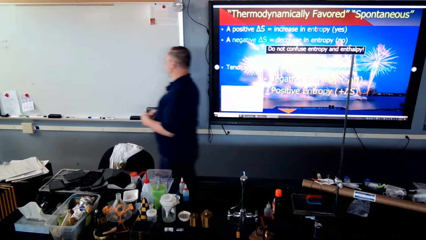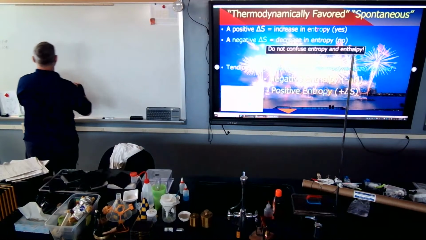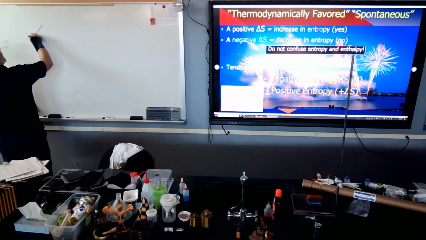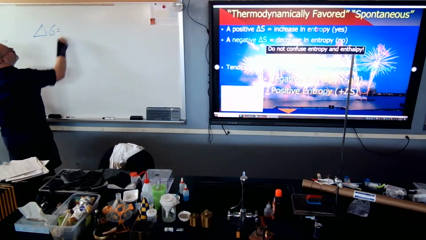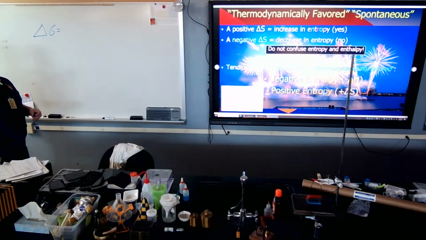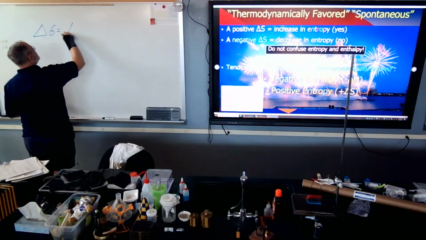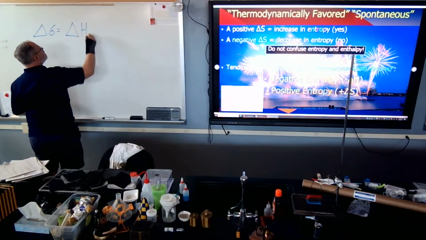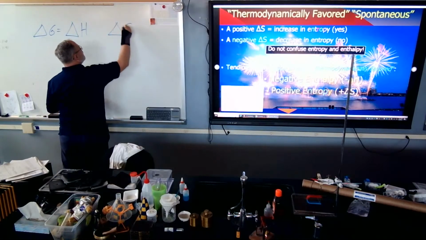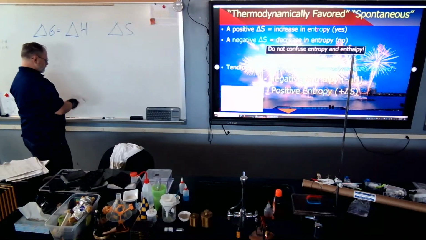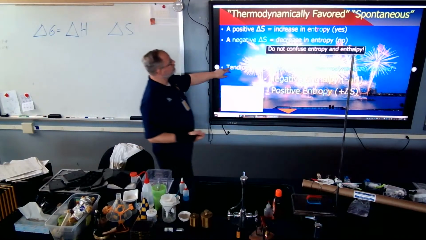So the useful energy, we're going to give the letter G, named after this guy named James or Willard Gibbs. I can't remember, I think his first name is James. Anyway, his last name is Gibbs. So we have a G, and the G takes into account the enthalpy and the entropy change. Takes into account both.